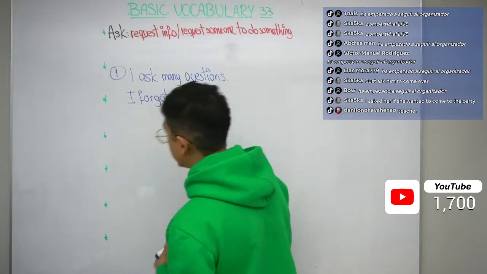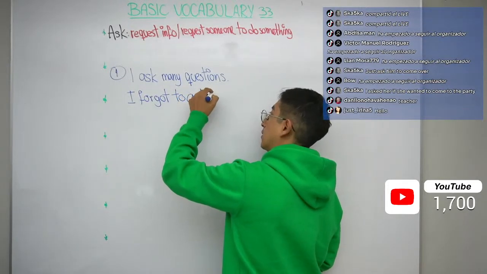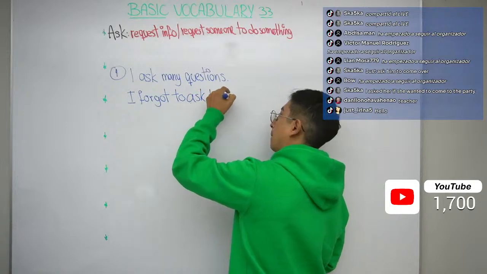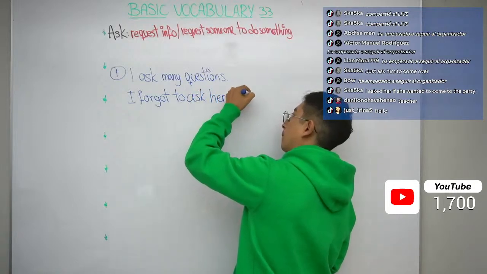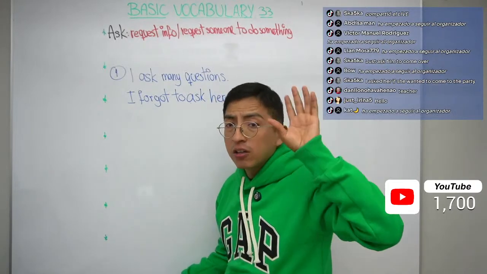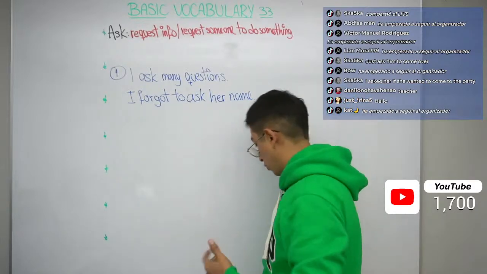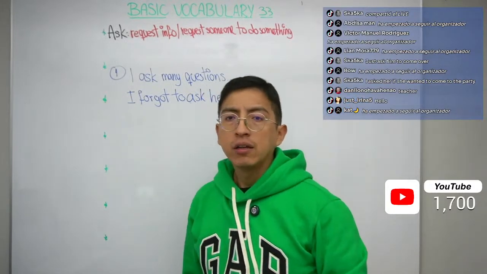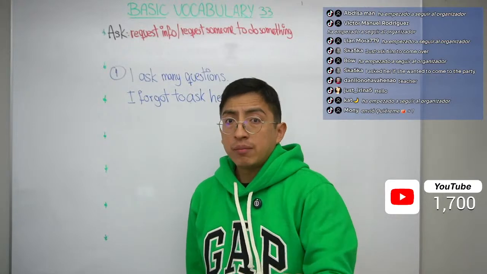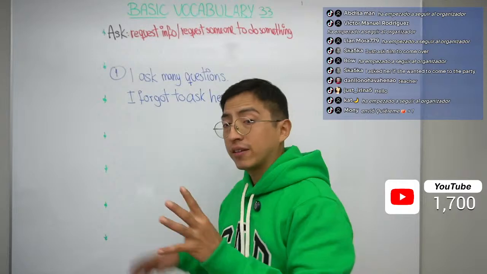I forgot to ask her name. See, okay, so I forgot to ask this information, her name. No, I forgot to ask her, hey, what's your name? Tell me what your name is. Yes. So I forgot to ask this information.